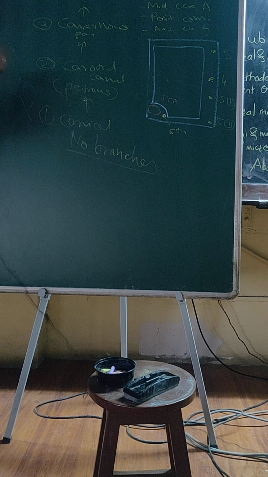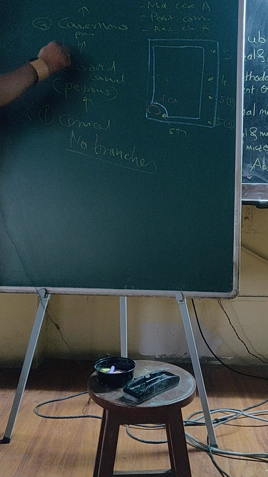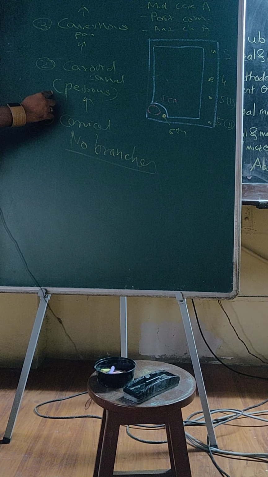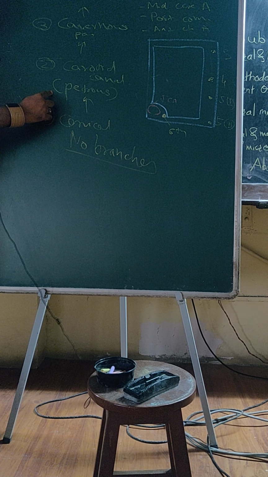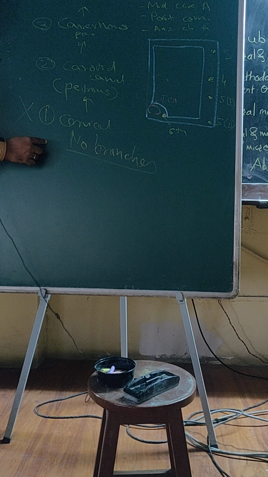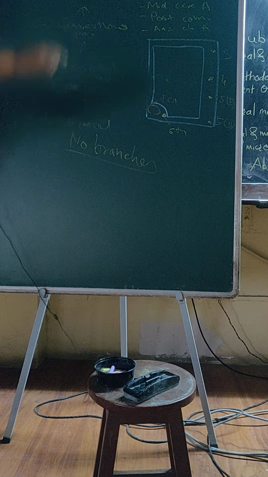So this is about the internal carotid: 5 branches from the fourth part, 2 branches from the third part, 2 branches from the second petrous part, and no branches from the cervical part. Cervical, petrous, cavernous, intracranial part.